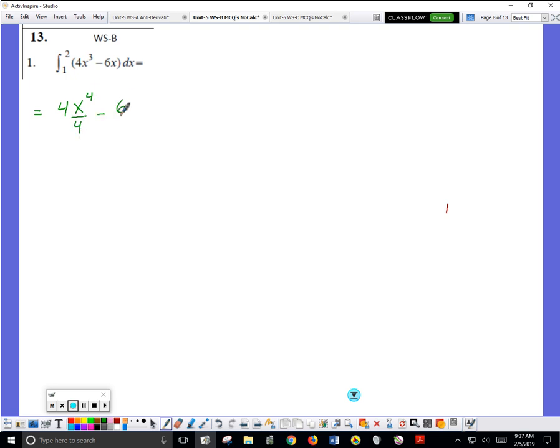The 6 tags along. X to the 1st antiderivative becomes x squared over 2. So that is my f function right there. And this would have been the f prime that I started with. So now I need to take f and find the value of f at 2, find the value of f at 1, and subtract it.